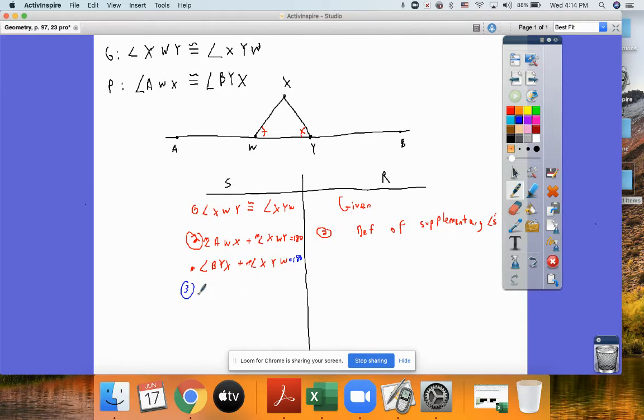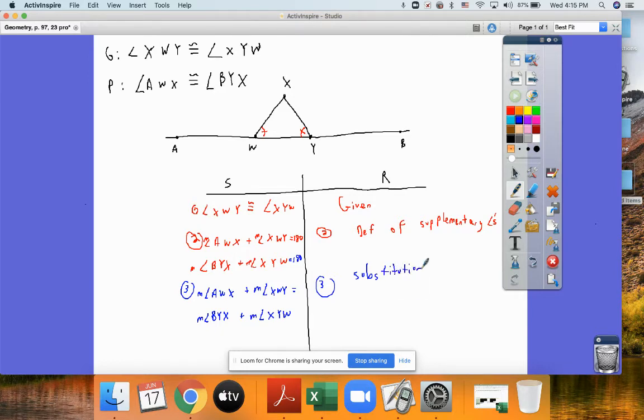So now I'm going to say the measure of angle AWX plus the measure of angle XWY equals the measure of angle BYX plus XYW. This is going to allow me to do a little algebra to manipulate a few things, and then I'll be there. And three, what can I call that? Substitution.